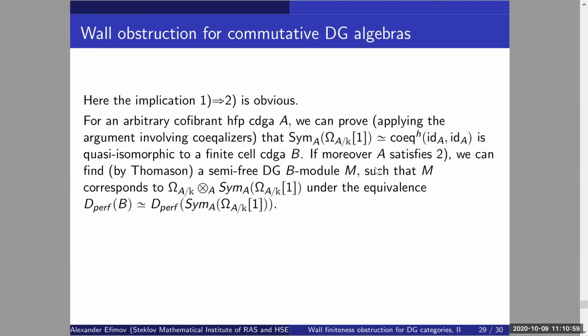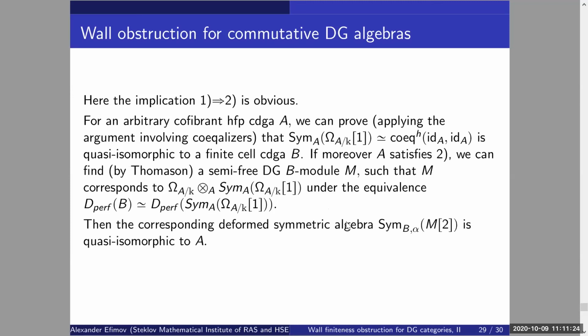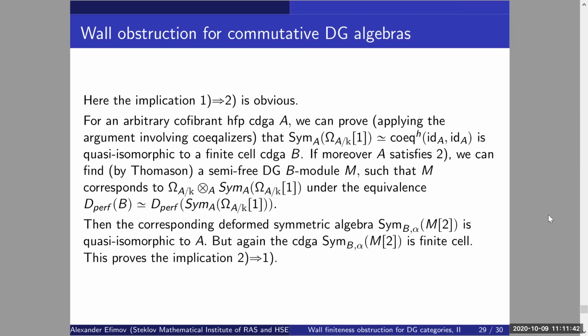Because by Thomason, you can find this semi-free, finitely generated bimodule M, which corresponds to this extension of scalars of one-forms over A. And then you just take the corresponding deformed symmetric algebra of M shifted by 2 over B. Because B is finite cell and M is semi-free finitely generated, you again obtain that this deformed symmetric algebra is finite cell, and it is quasi-isomorphic to A. So this sketches the proof that 2 implies 1.